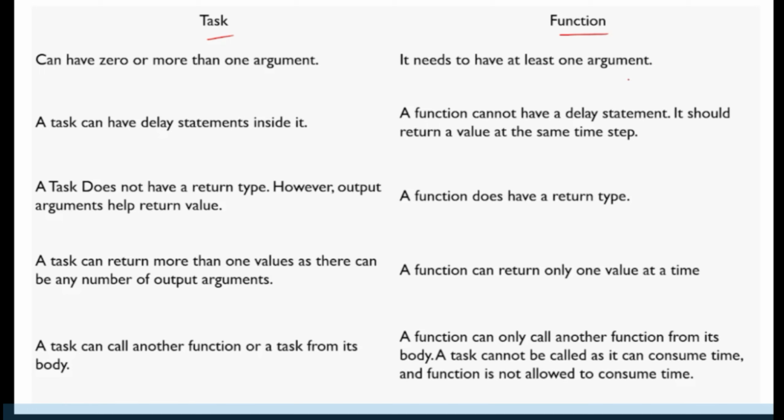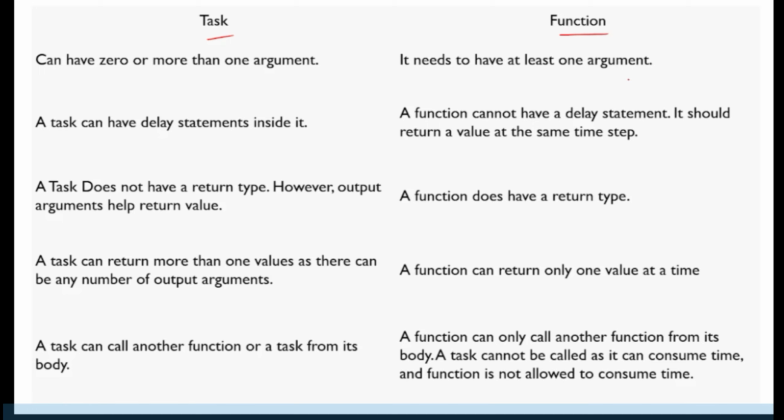So if you are writing a piece of code which doesn't contain any of the things that I have mentioned, then you can go for a function. But when you want to use all these things, you will be using tasks. Mostly 60 to 70% of the time you will be using tasks instead of functions. Why is it?